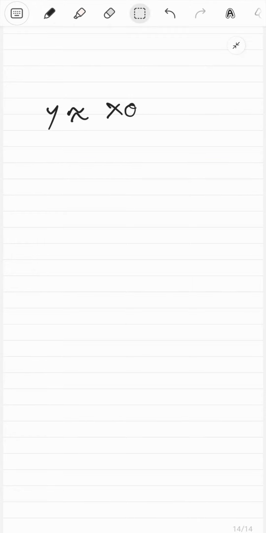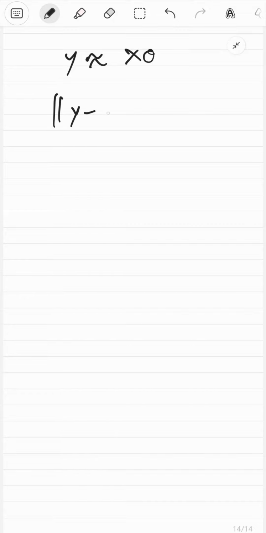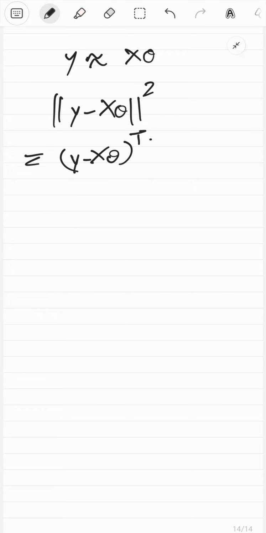The way we find the best estimate is using the criterion of the mean square error, or you could also use just the sum of square errors, which is what I'll be using, which is the square of the Euclidean norm of this vector. This whole thing can be written as (y minus x theta) transpose times (y minus x theta).